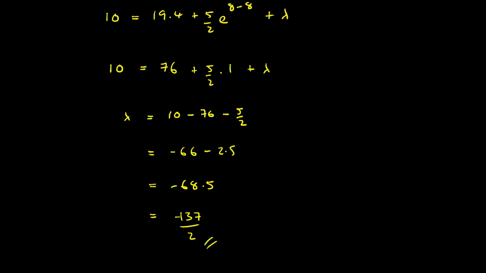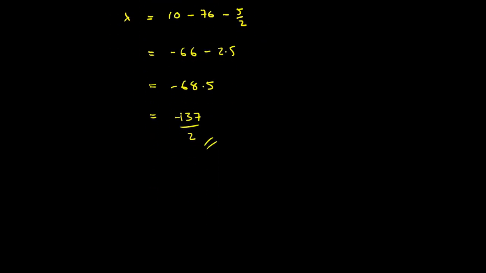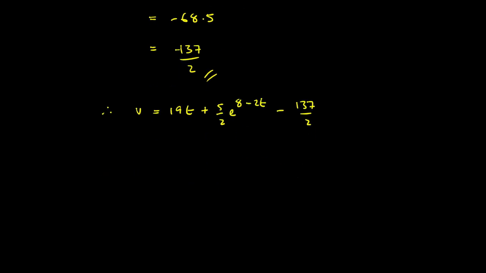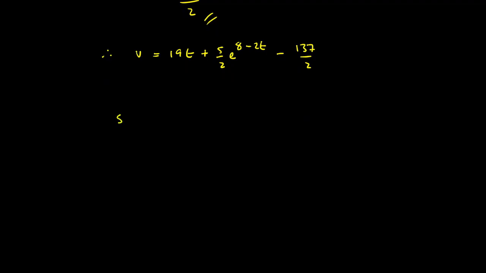Okay, so therefore, velocity is equal to 19t plus 5 upon 2 e to the power of 8 minus 2t minus 137 upon 2. And so then I want to find displacement from that, right? And displacement is equal to the integral of velocity. So I've got to integrate this whole thing.